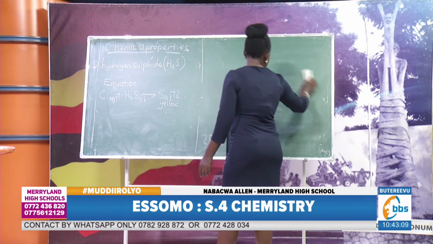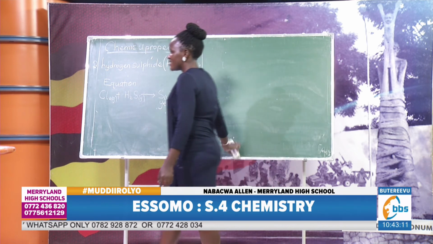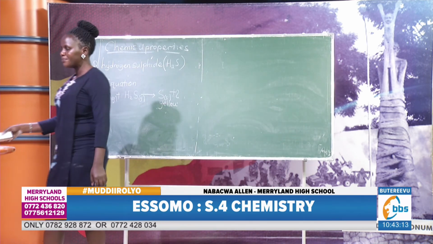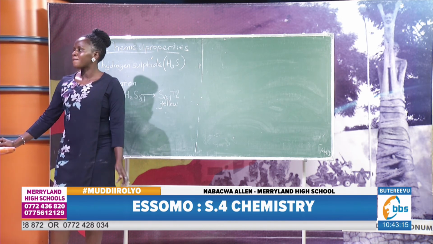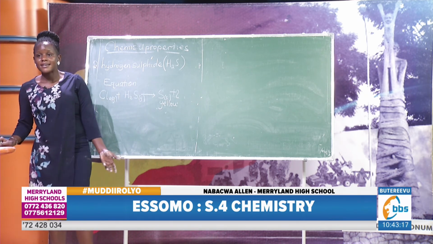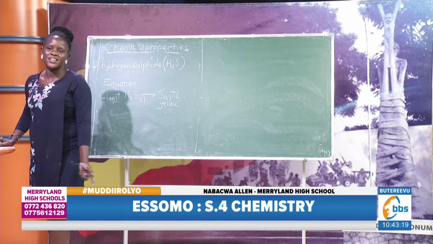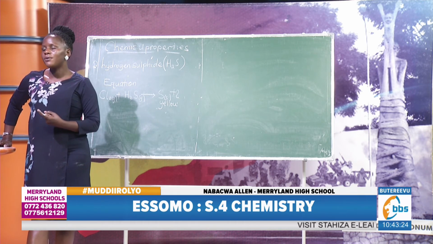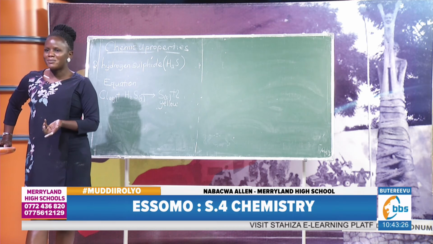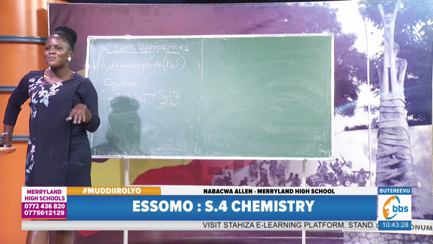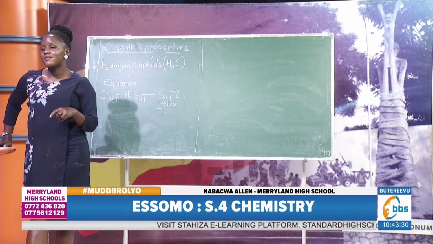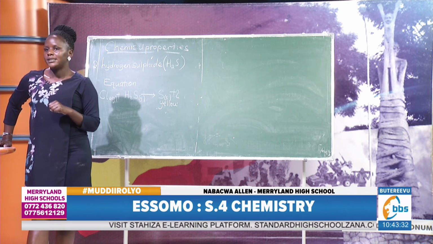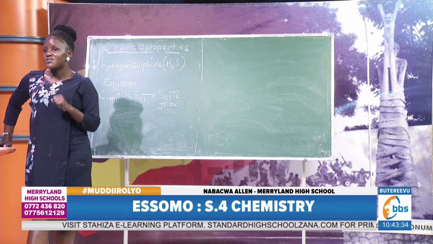The next chemical property is going to be what happens when chlorine gas is reacted with hydrogen gas. Remember, when you're looking at the periodic table, what did we say? We said when it comes to group 7, they are the most reactive nonmetals.